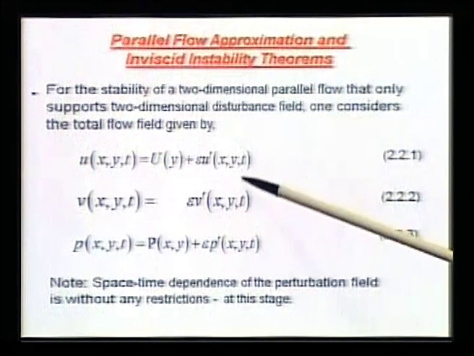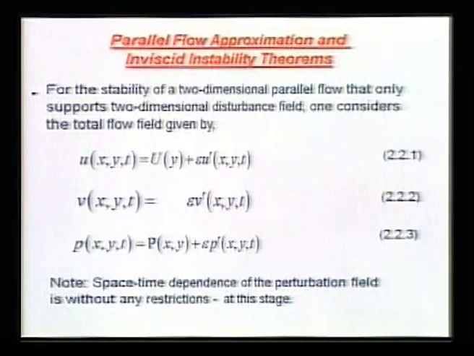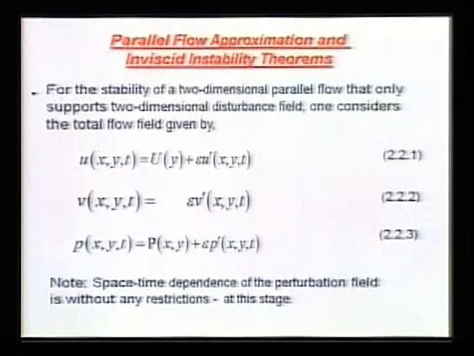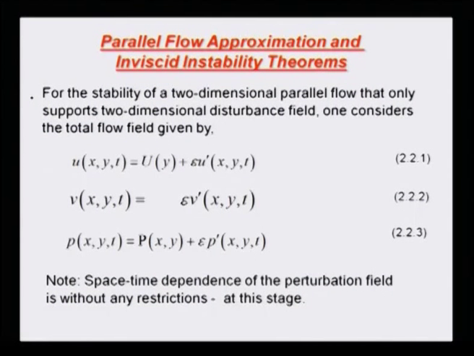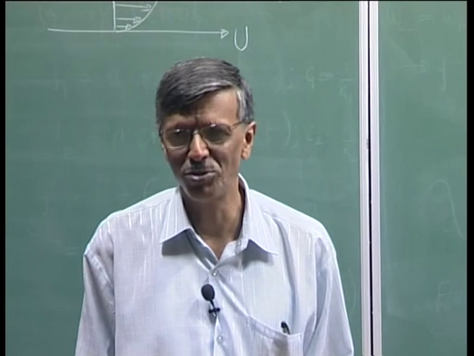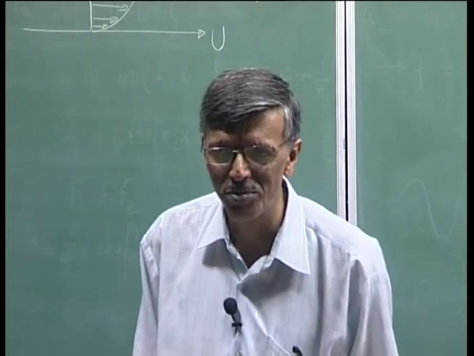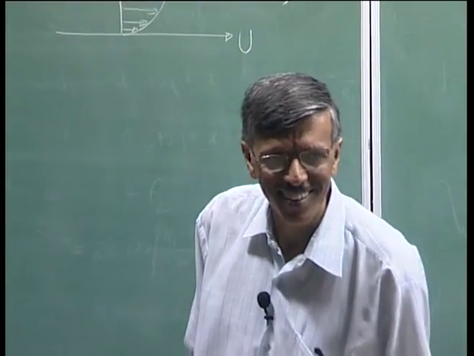Please pay attention to the flow field description. Let us say we are talking about a two-dimensional flow. So, we will have only two components of velocity, u and v, and there is the associated pressure field. We are talking about this two-dimensional field, and please also understand, whenever you study disturbance, you study it in its most general form. So, we do not presume it to be steady or unsteady, right?